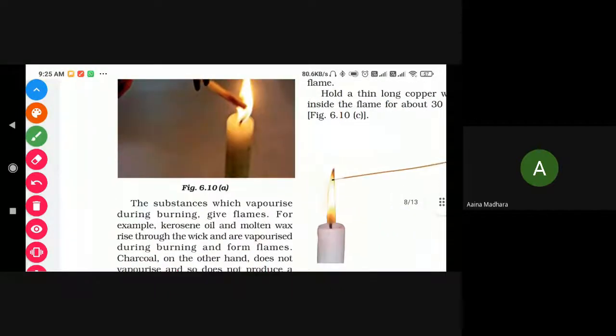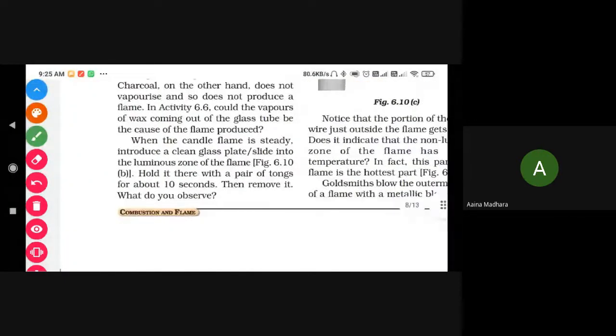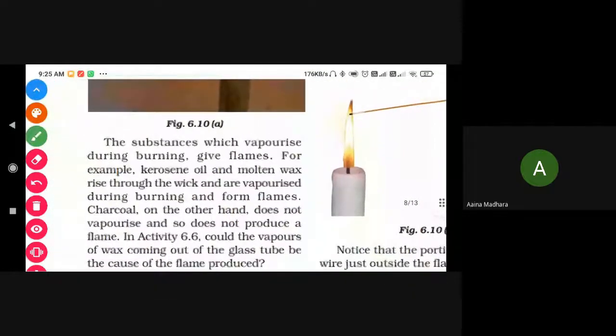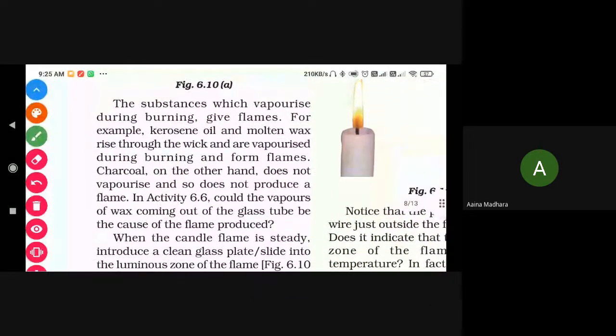Come on, start reading. The substances which vaporize during burning give flames. For example, kerosene oil and molten wax rise through the wick and are vaporized during burning and form flames.